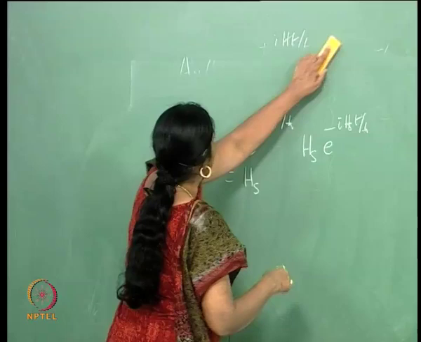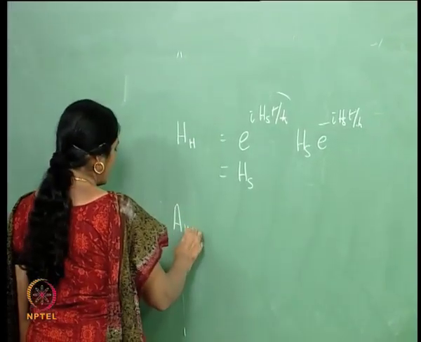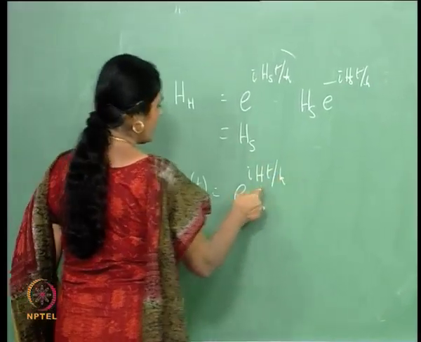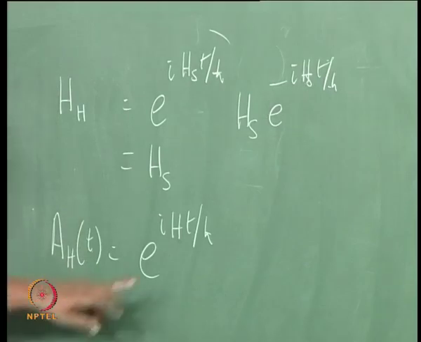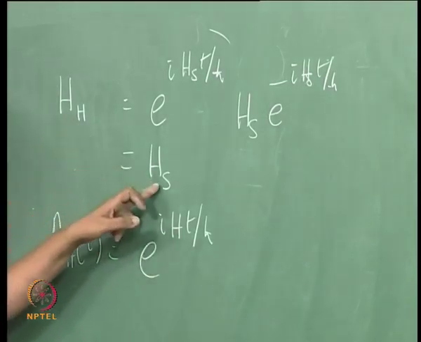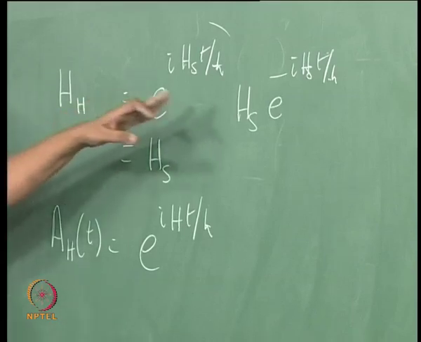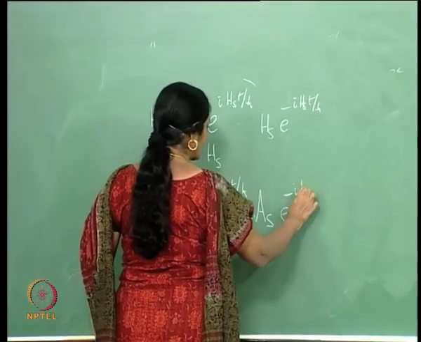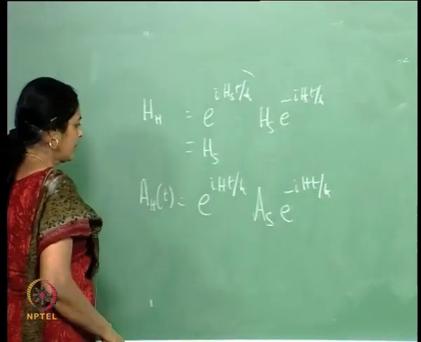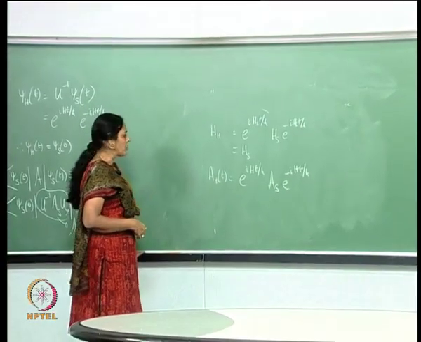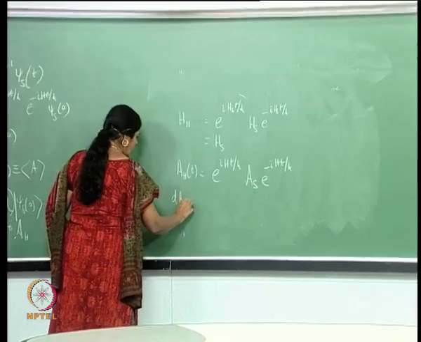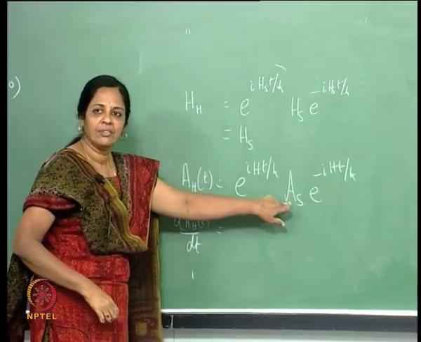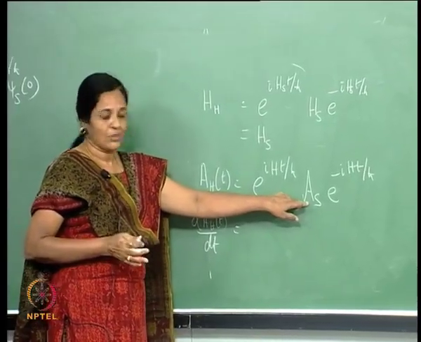But now let us look at any operator A_H of t, that is e to the i H t by h cross, A_S, e to the minus i H t by h cross. We will not put a suffix S or H on H here, because we have said the Hamiltonians are the same through this transformation. So let us get an evolution equation for A_H. So dA_H of t by dt, this can only have explicit time dependence if at all.